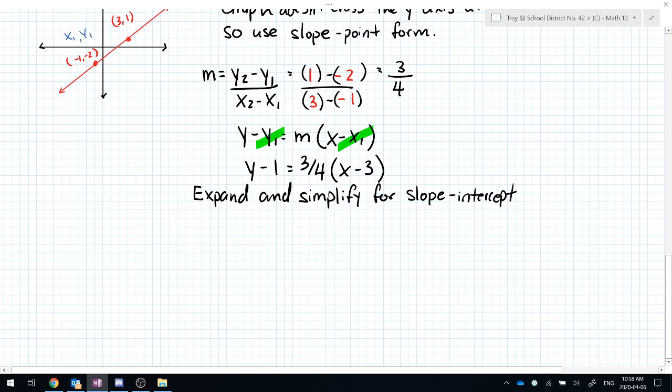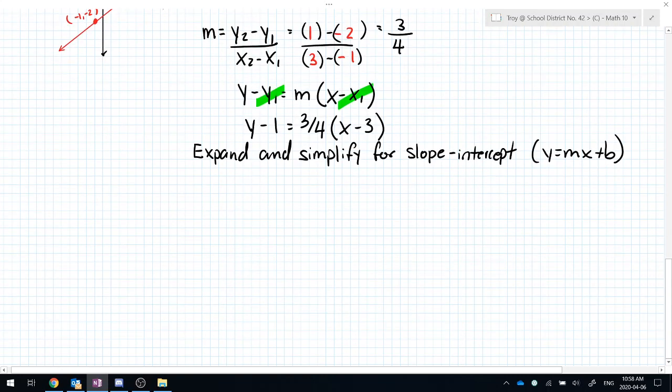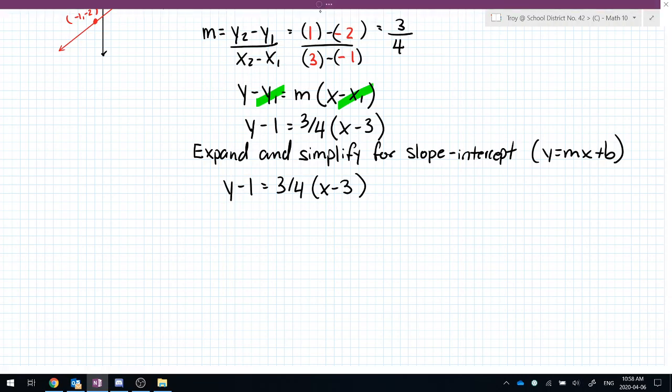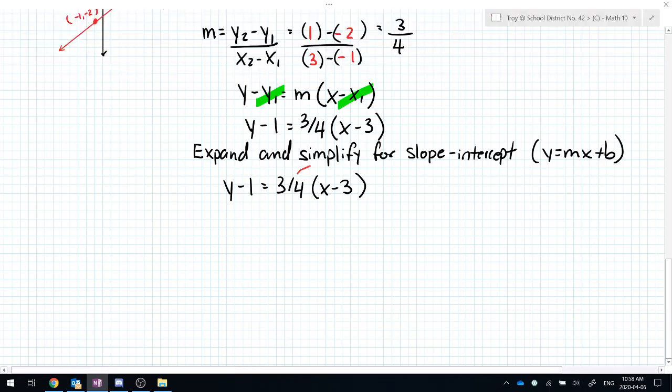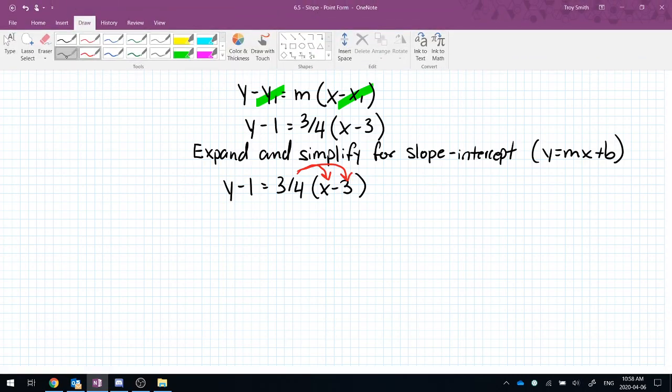Slope intercept form, of course, is y equals mx plus b. All you're trying to do here is get y by itself. Once you get y by itself, you'll have it in slope intercept form. So first thing we're going to do is expand the 3/4 into there.